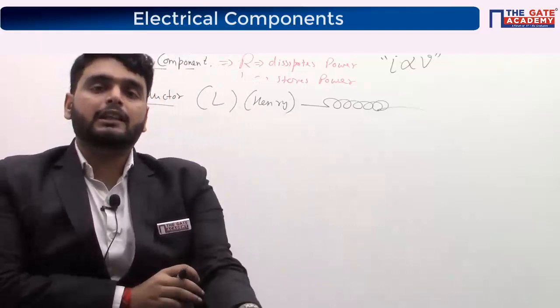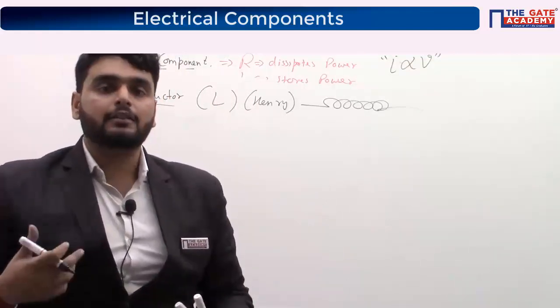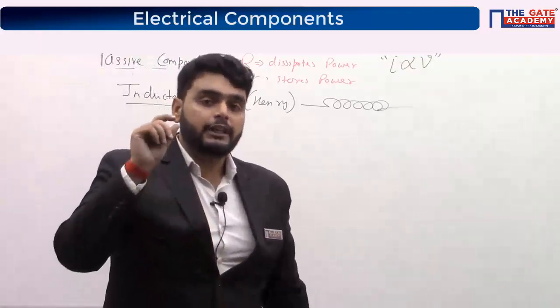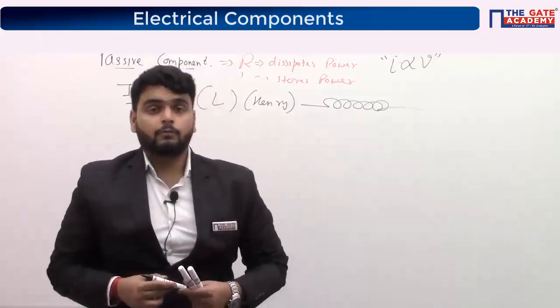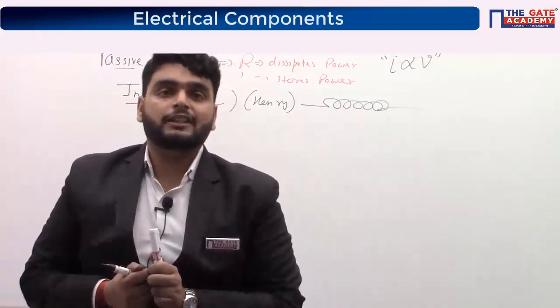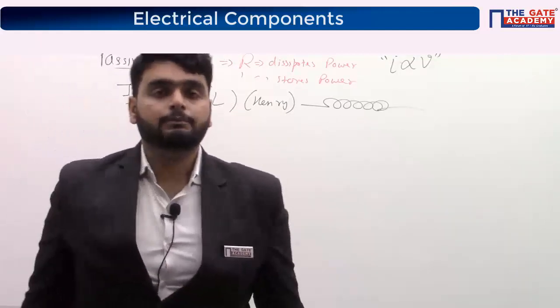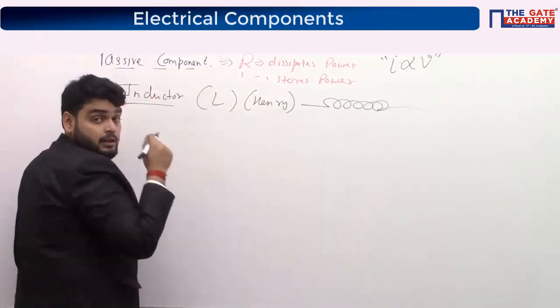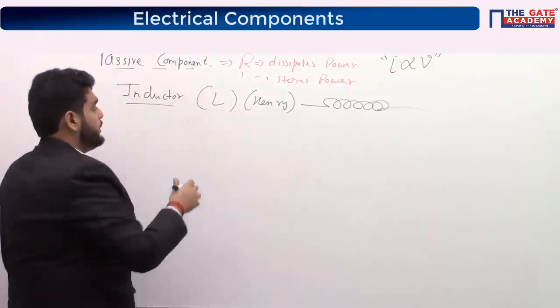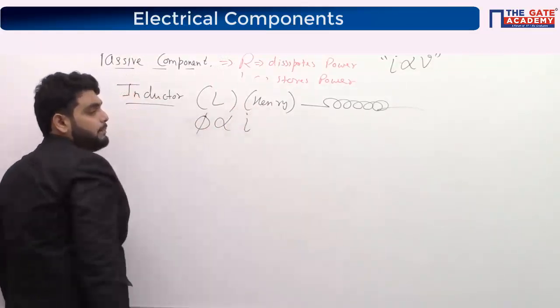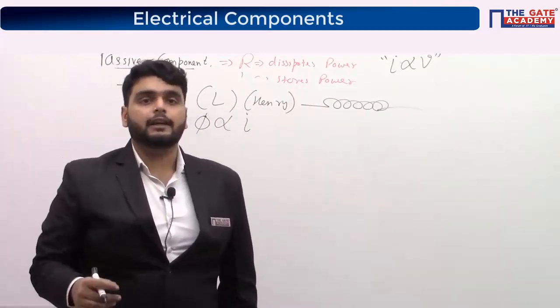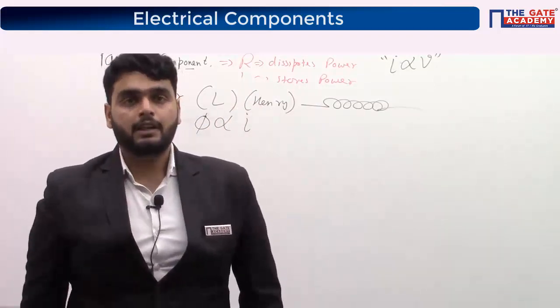Tell me, how can I say whether an inductor is linear or not? From what equation is the inductor's linearity defined? Tell me. If in an inductor the flux is directly proportional to the current passed through it, then the inductor is a linear inductor. Remember that.